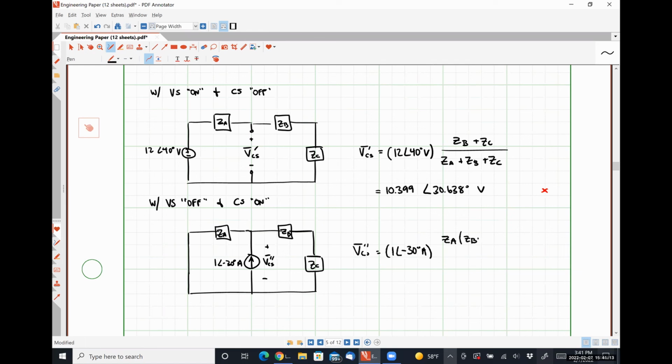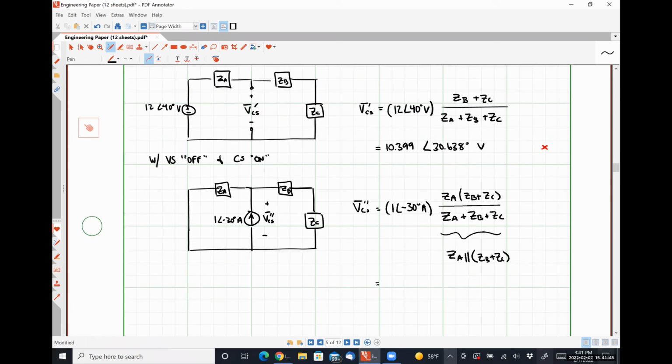So it's going to look like ZA times ZB plus ZC over ZA plus ZB plus ZC. Where, just to be clear here, that's what this represents, right? Mesh is off the table because our calculators literally can't solve that system. Okay, so we have to be creative here.